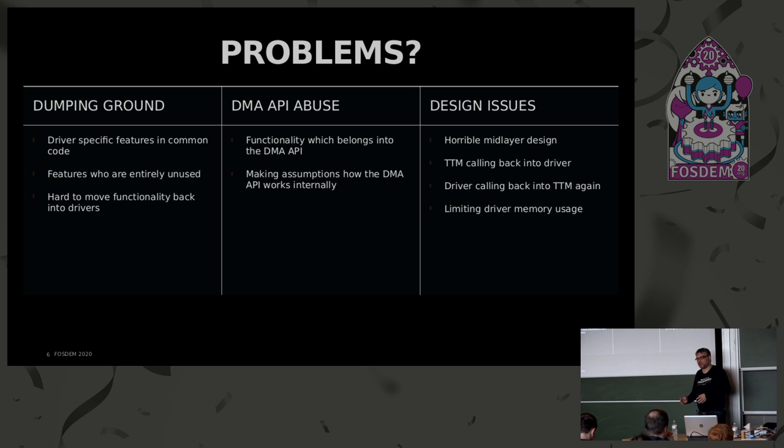The next bigger problem is that we actually abuse the DMA API in TTM. As I said before, we have those page pools. When we ask the core Linux kernel, the core operating system, to get us a free page, we always get cached system memory.